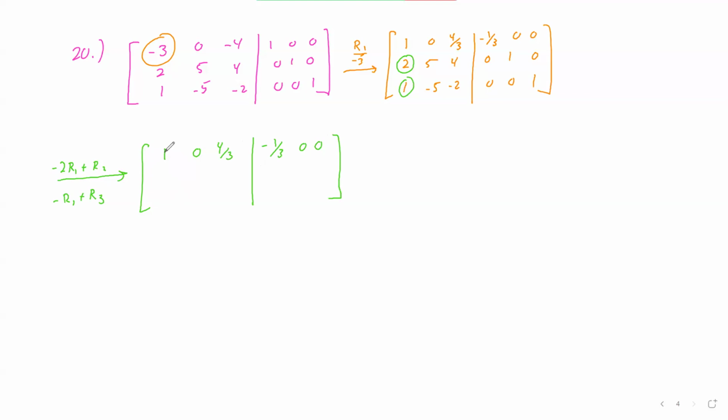So -2 plus 2 is 0. 0 plus 5. -8/3 plus 4/3. Oh, my bad. So -8/3. Plus 4.